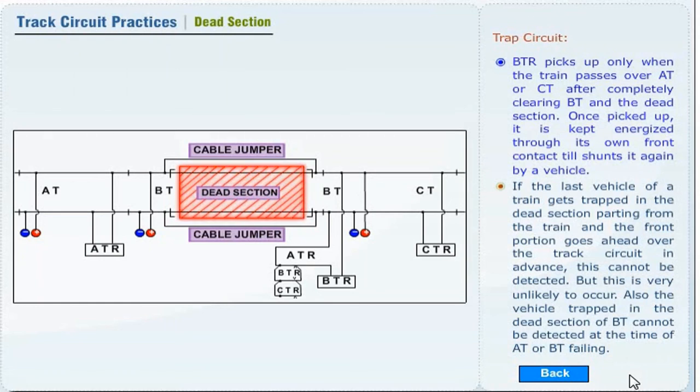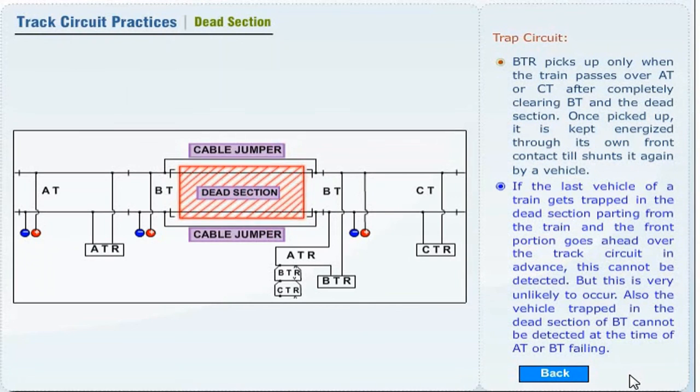BTR picks up only when the train passes over AT or CT after completely clearing BT and the dead section. Once picked up, it is kept energized through its own front contact till it is shunted again by a vehicle.